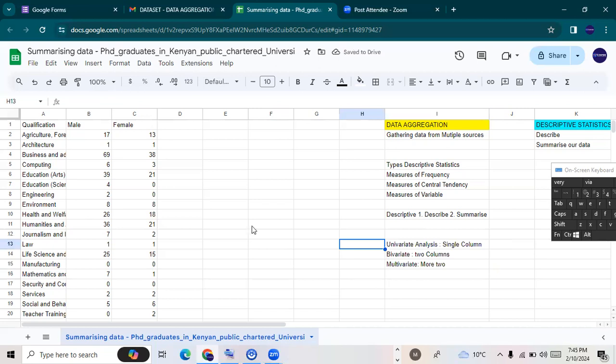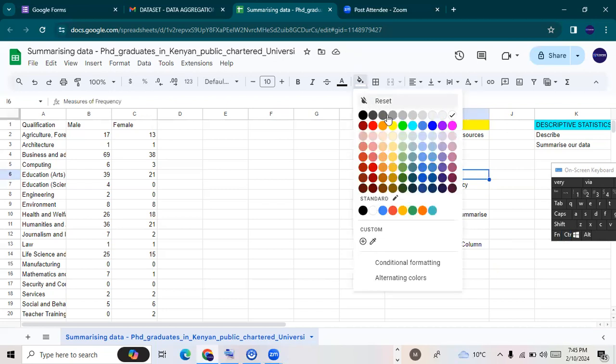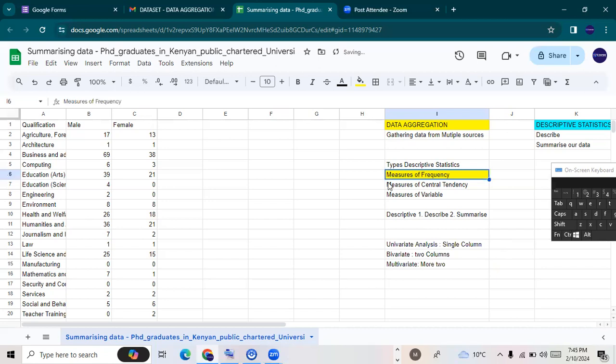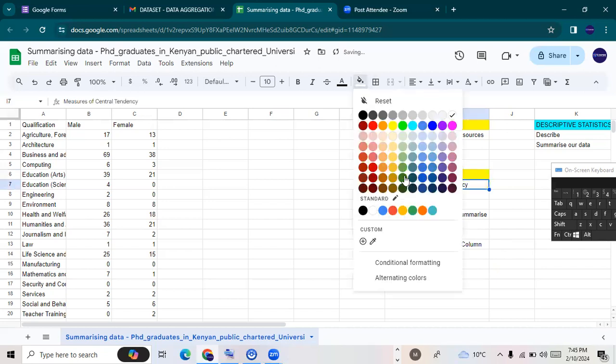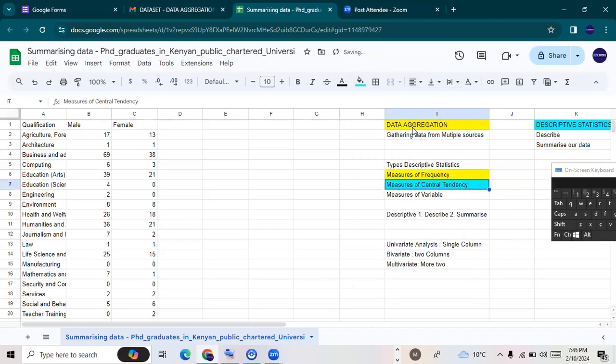Now, establishing any of these types is very critical and essential in data interpretation and describing or summarizing your data. So first, let's look at the types. We are going to look at the measures of frequency. When do I need to perform measures of frequency on my data?